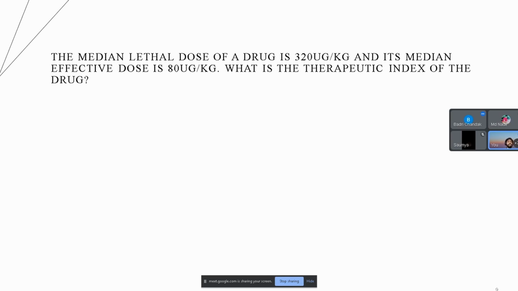So what the median lethal dose tells you is if you give 320 micrograms per kg of this drug to 100 individuals, 50 of them will die. And if you give 80 micrograms per kg of this drug to 100 people, 50 of them will get cured of the disease. Is that making sense?